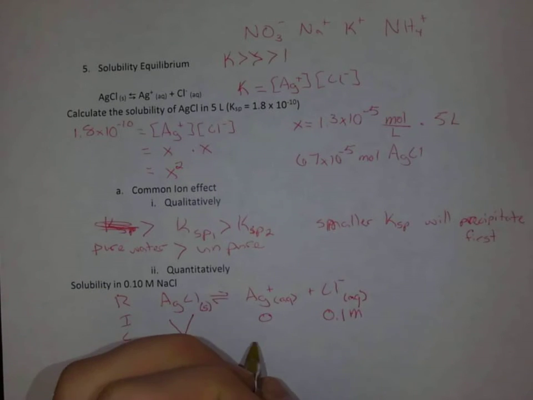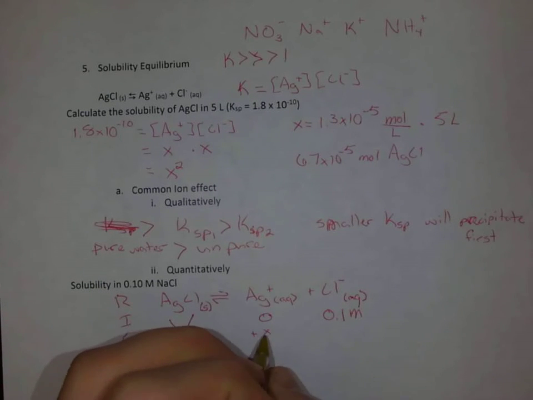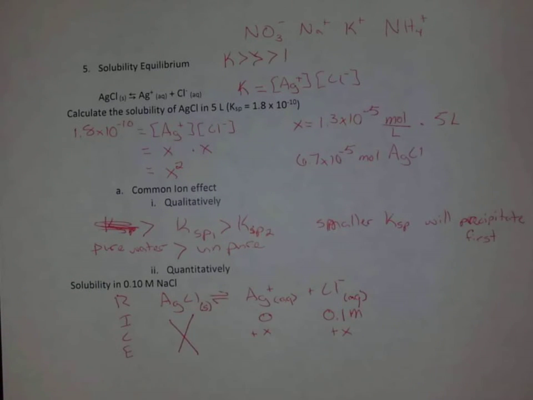But when we add in our AgCl, we're going to add x and we're going to add x here. So overall, we're going to have x as our equilibrium for Ag+. We're going to have 0.1 plus x for a concentration of Cl-.